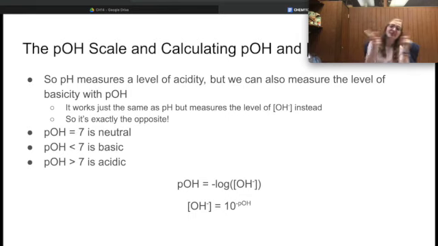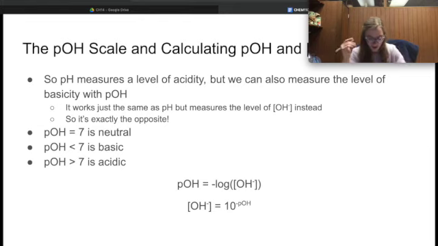They look just like the ones we just had. However, it's that pOH equals the negative log of the concentration of OH minus, and the concentration of OH minus equals 10 to the minus pOH. So same kind of deal here. We're going back and forth in the same way. However, instead of measuring the level of H3O plus, here we're measuring the level of OH minus. So we're thinking about bases rather than acids.